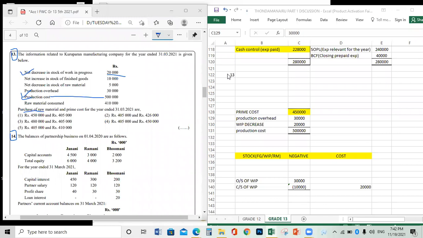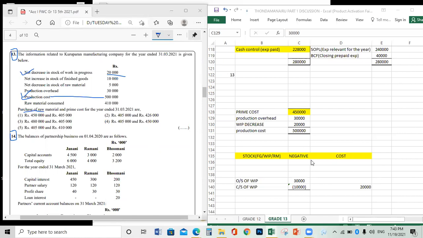No, right? But when I see the answer script, I feel like they have taken it like this. We'll see what happens. Sometimes I regret taking this paper to discuss, really, because there are mistakes, guys. I get so irritated when there are mistakes.